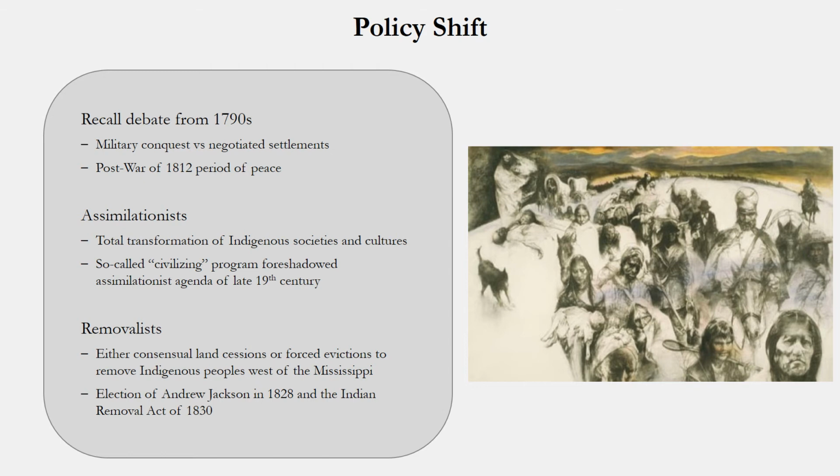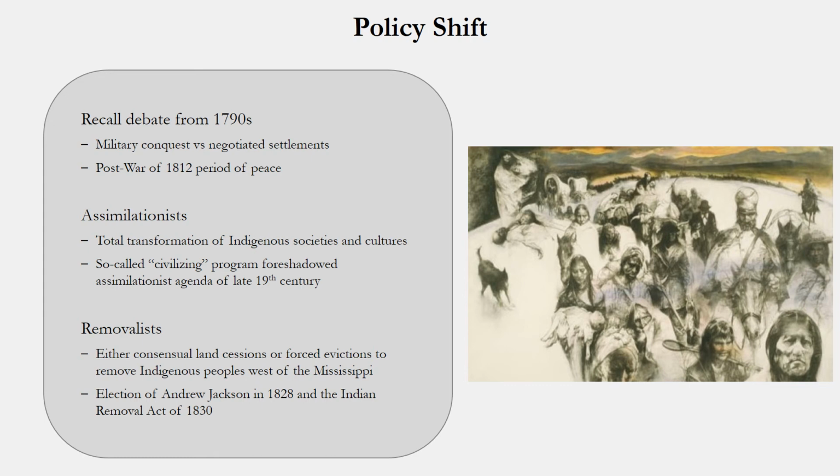In this climate, in the debate over Indian policy, the preferred option was the so-called civilizing program of assimilation, which called for a total transformation of indigenous societies through missionary work and educational efforts, combined with altering land tenure and subsistence patterns. This foreshadowed the idea of "save the Indian, kill the man," which, as we'll see in week 6, became the dominant policy by the late 19th century.